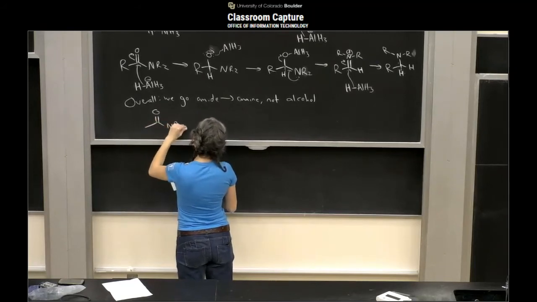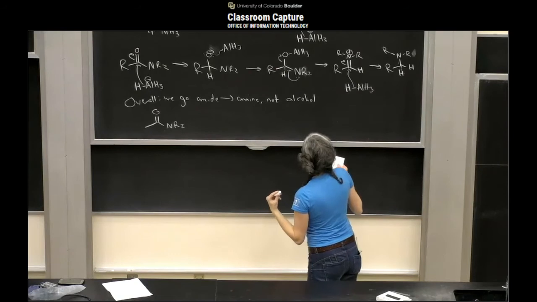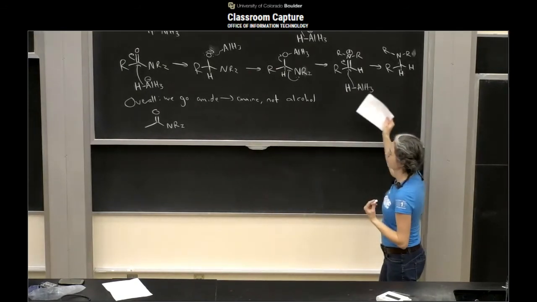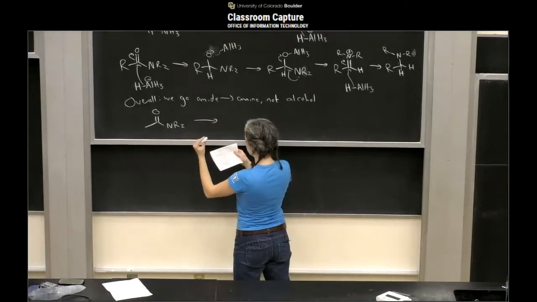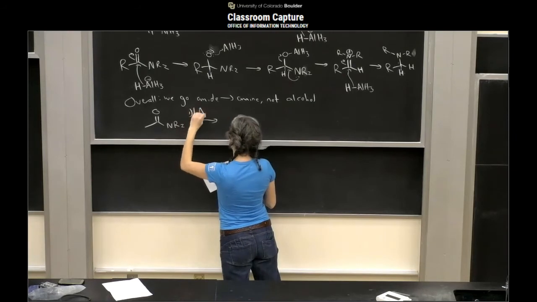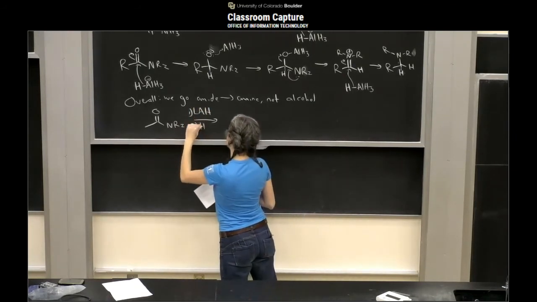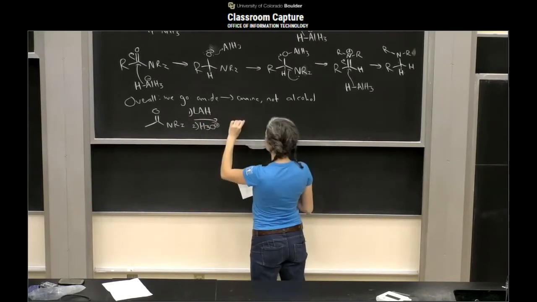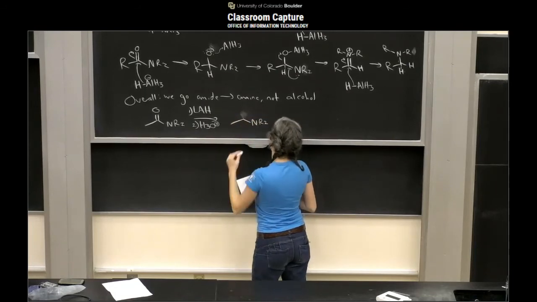All right, so again, this is not in the notes. There's a little bit more stuff that I'm kind of glossing over, but that's just more if you're curious what's going on here. This part is in the notes, so this would be fair game, but we're going to start with LAH. We're going to do a water workup, and then that gets us an amine.